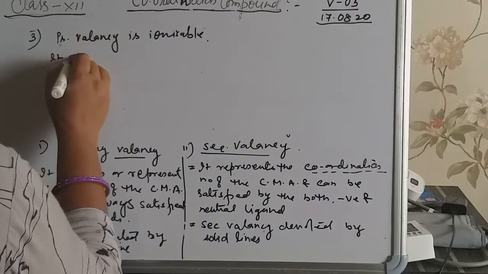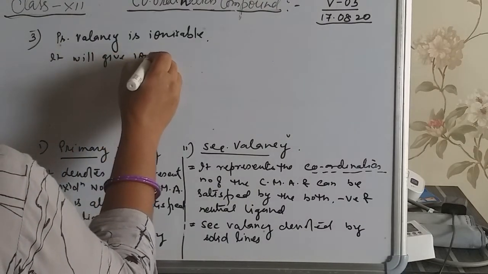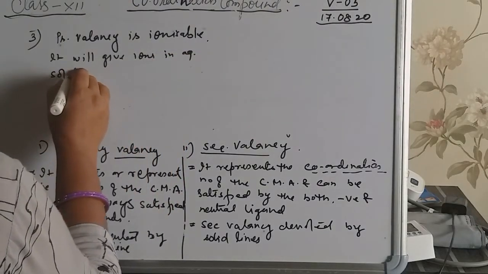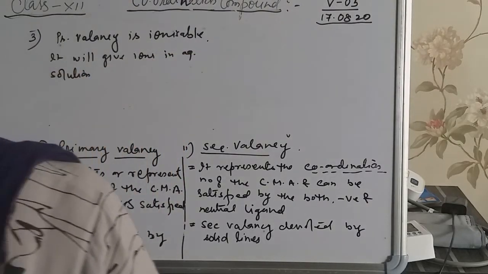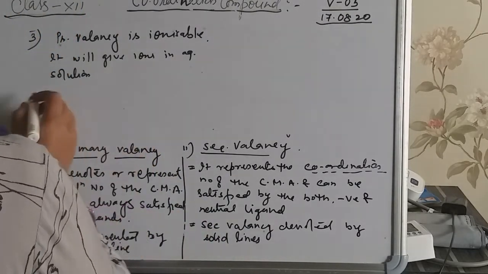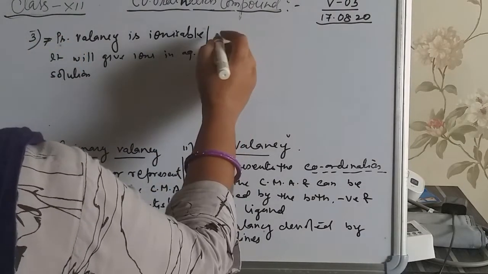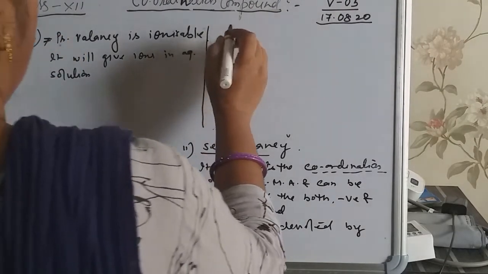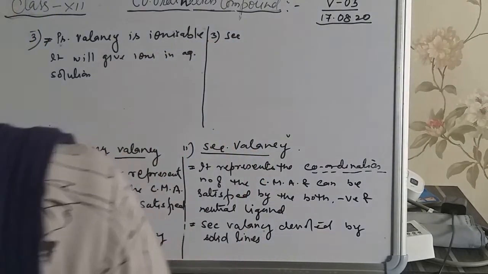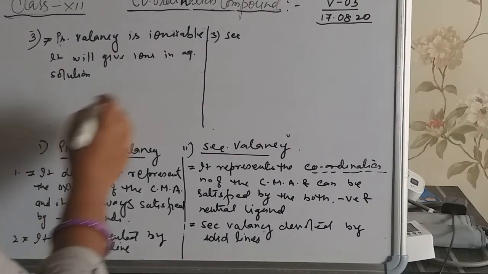It will give ions in aqueous solution. Aqueous solution means it is present in the ionization sphere. Secondary valency is non-ionizable.